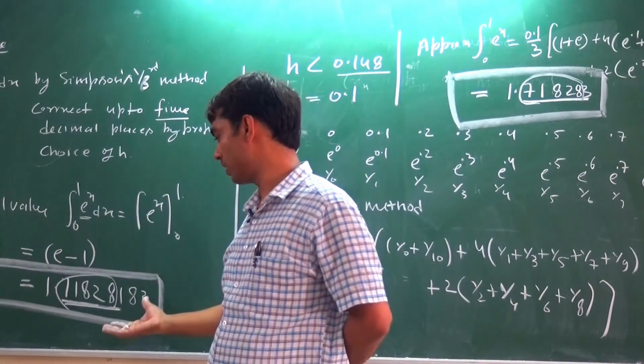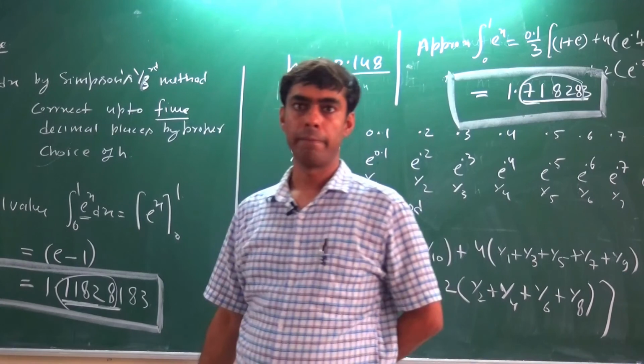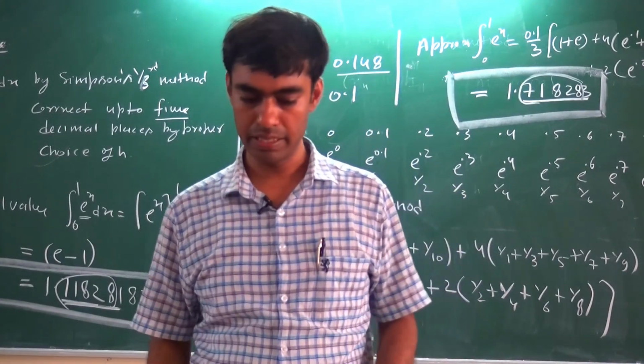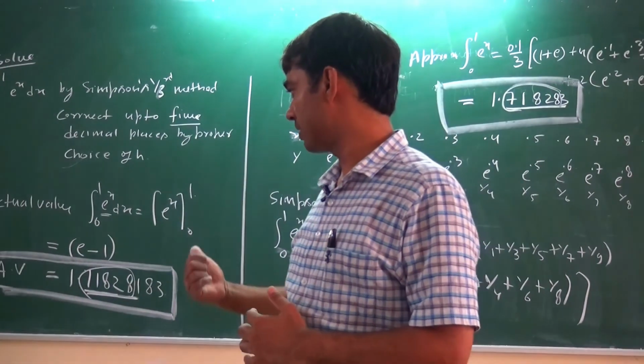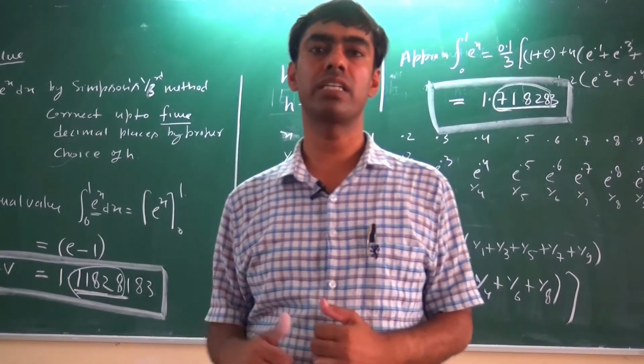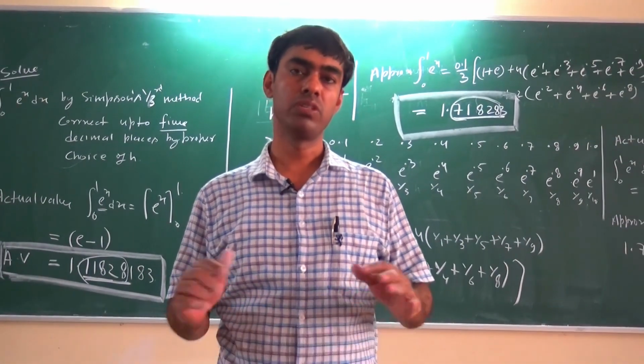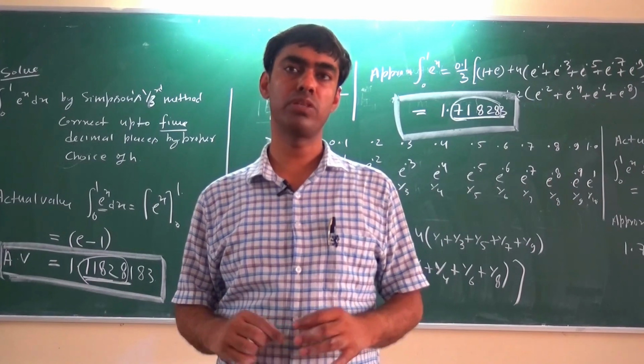By integrating this one, we are able to find this one. So by comparing the results, you see that this one is correct up to 5 decimal places. So this one is all about Simpson 1/3 method.